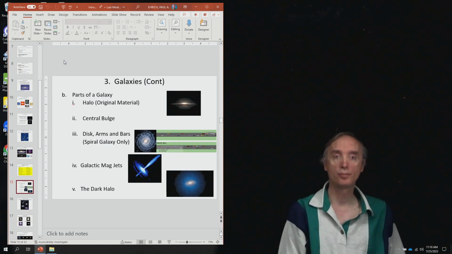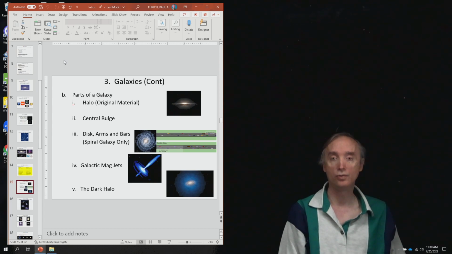And then you should know the parts of a galaxy. You should know what the halo is, and that's where the older stars that formed the galaxy reside. And then you ought to know that most galaxies have a central part where the stars are more congregated, and that's the reason why the central part of a galaxy is brighter.